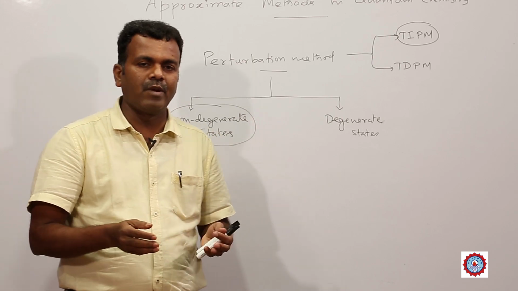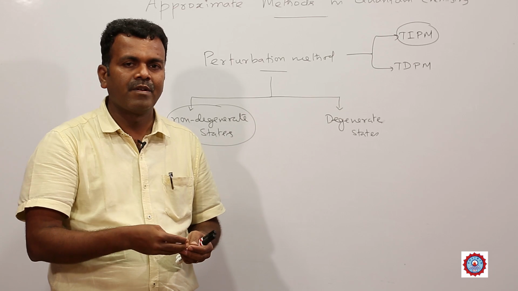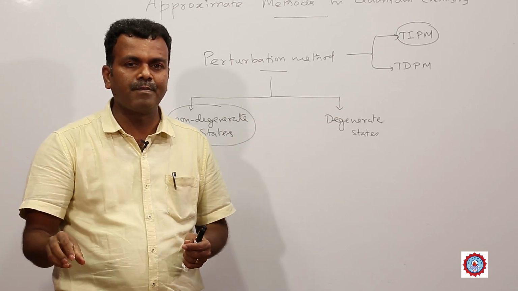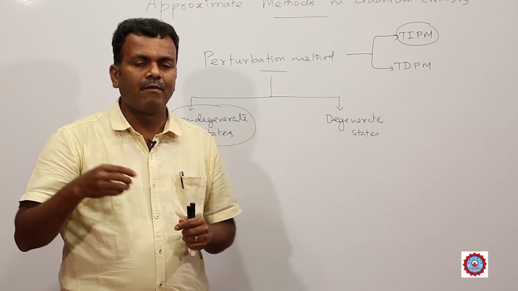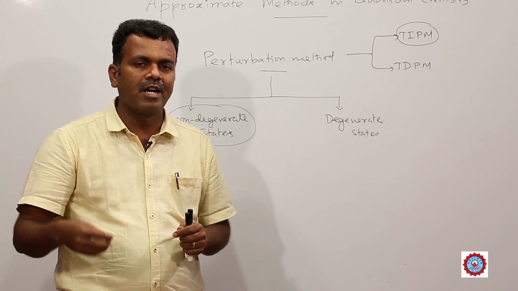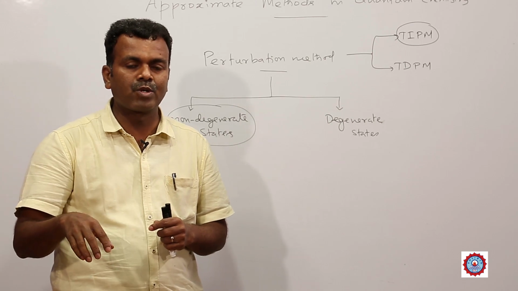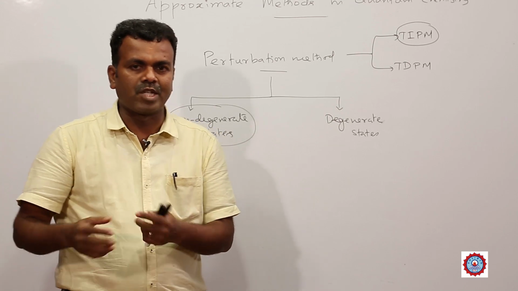Suppose you want to calculate energy and wave functions for the states of your unknown system. We must choose a known system which is very close to the unknown system. What is a known system? A known system is one for which the energy and wave functions are already known. Exact solutions for wave functions and energies are available for the known system.